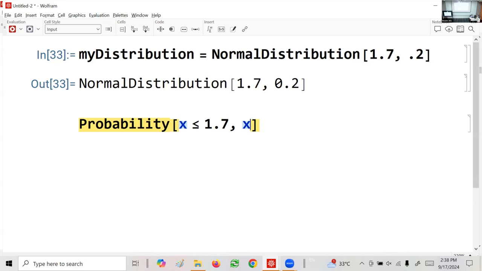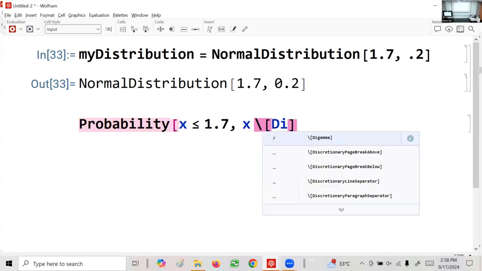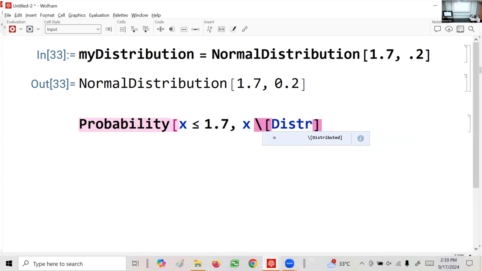Backslash, open bracket, and type the word distributed. It's going to auto-suggest, so you can just tap. That gives you this tilde sign. You can enter it from special characters, but I want you to memorize it because it's used all the time. X, this sign, and it's going to autocomplete.